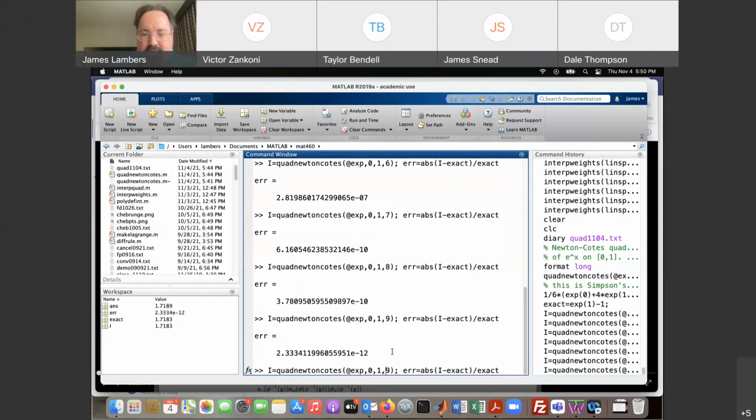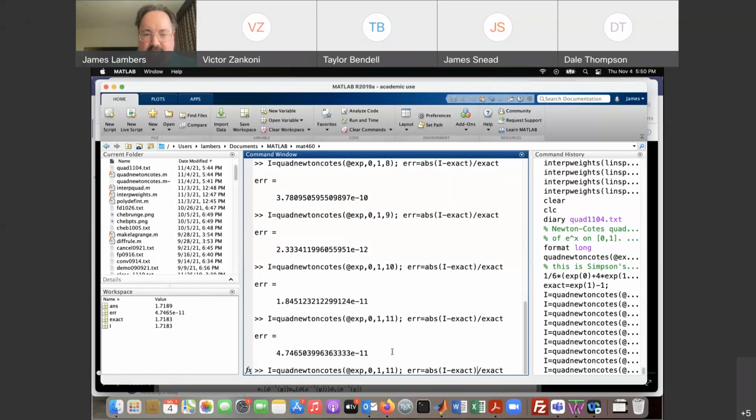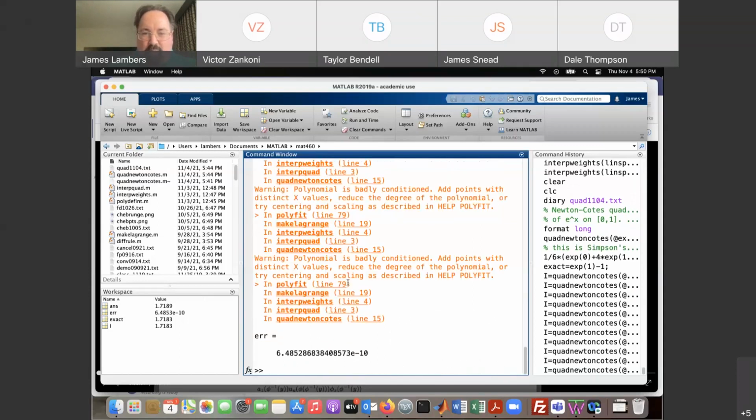Okay. Now, oh, it went up a bit, but it's still quite small. But now we see a worrisome trend here. Warnings, because it's using MATLAB's polyfit, a polynomial interpolation function, and I'm using more and more nodes, so they're getting closer together.